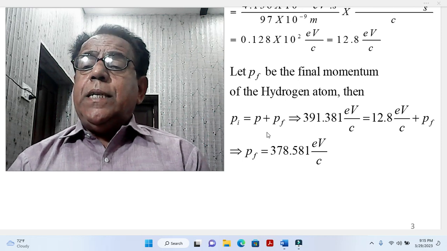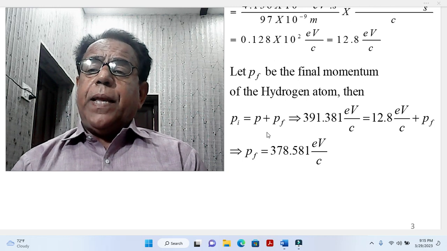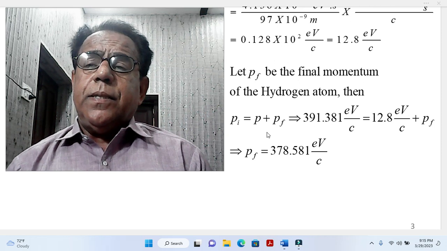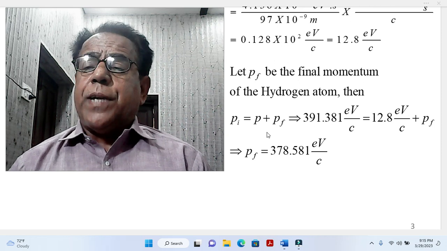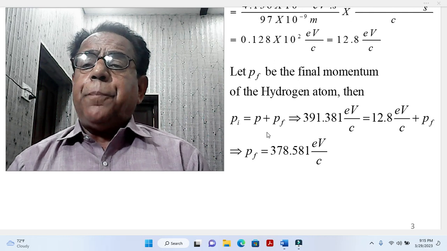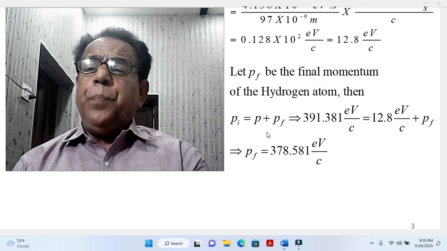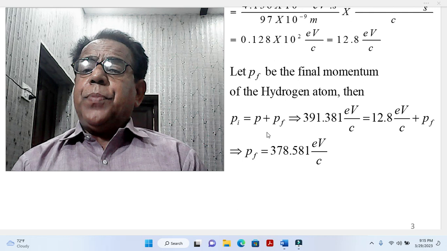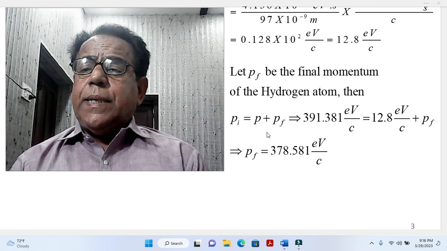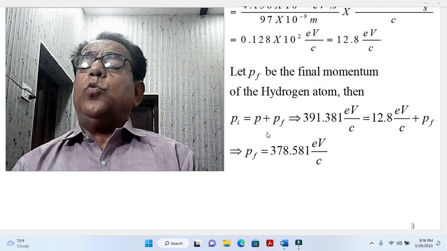Out of these three values we have put two values, and we are seeking the third one, which has been left unassigned. So after simplification, the final momentum of the hydrogen atom will become 378.581 electron volt over c.